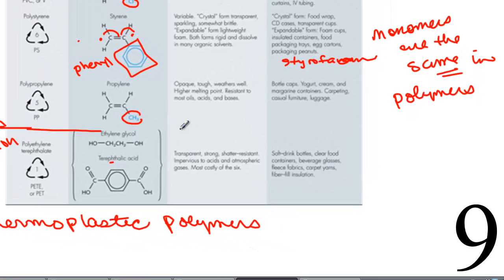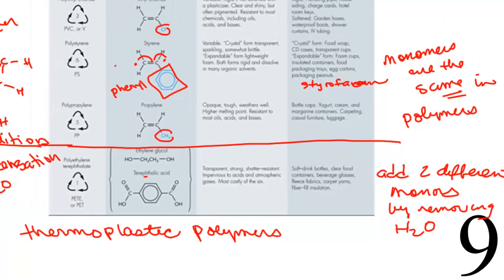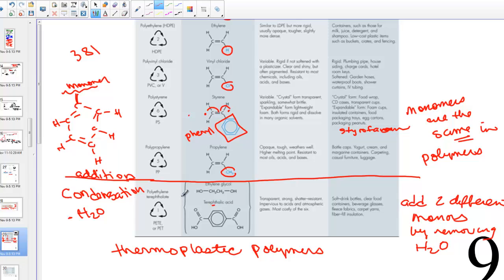In the process of condensation, we add two different monomers by removing a water molecule to create the linkage site. And we're going to practice that in a lesson here on creating condensation polymerization.